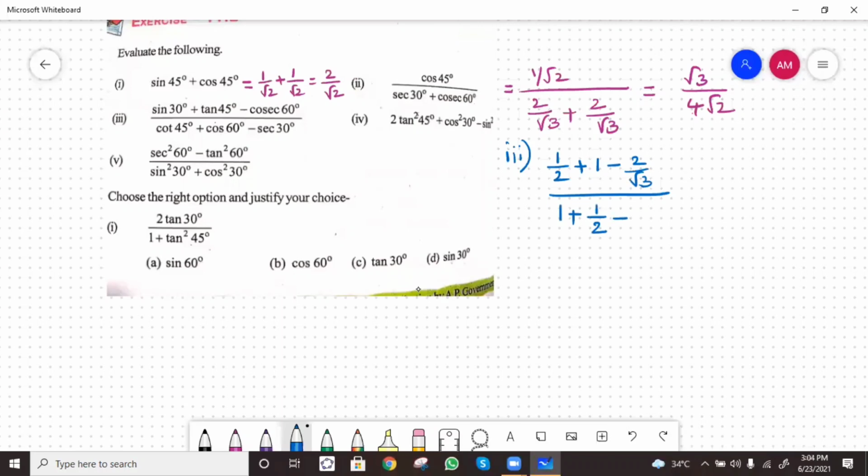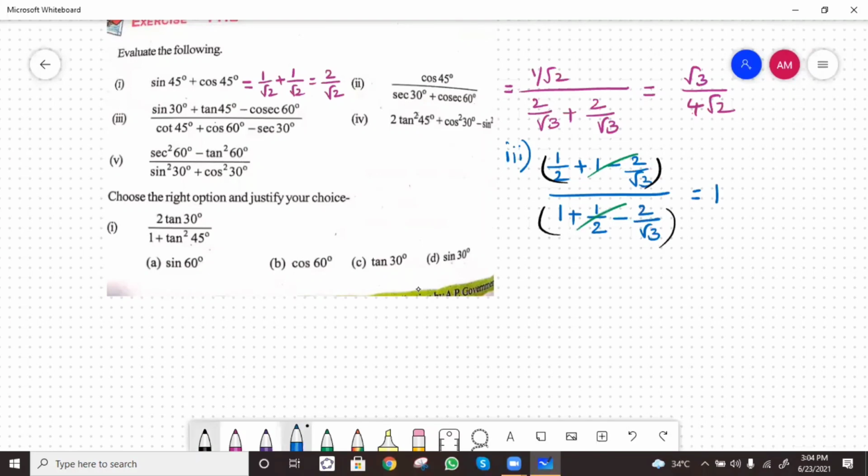It's the reciprocal of cos 30. What is cos 30? Root 3 by 2. Reciprocal is 2 by root 3. Can you tell me what this value is? Observe the numerator and denominator carefully. Numerator and denominator are the same, so we get 1. Is it clear? Yes.